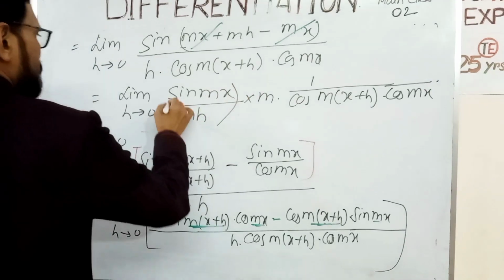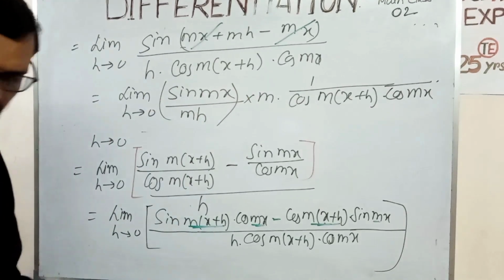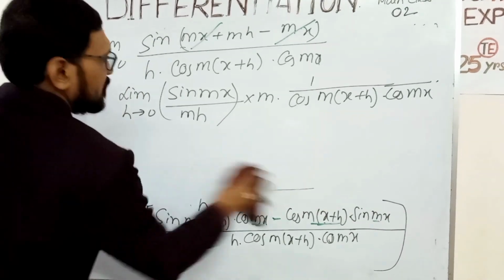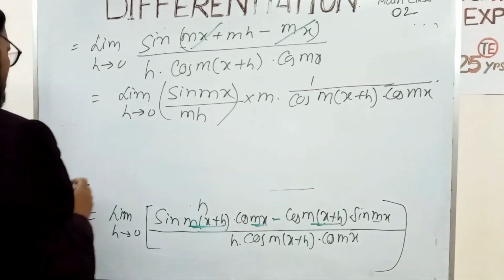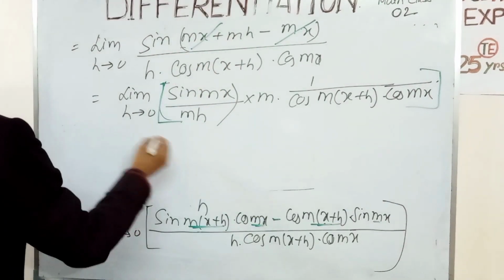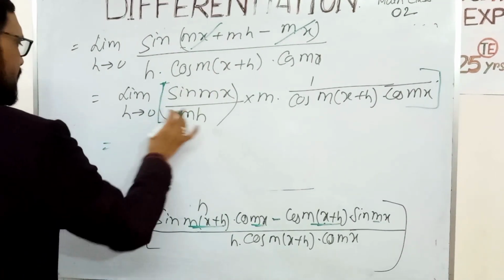So this result becomes 1. Whole bracket. Now this is 1, since sin x by x equal to 1.